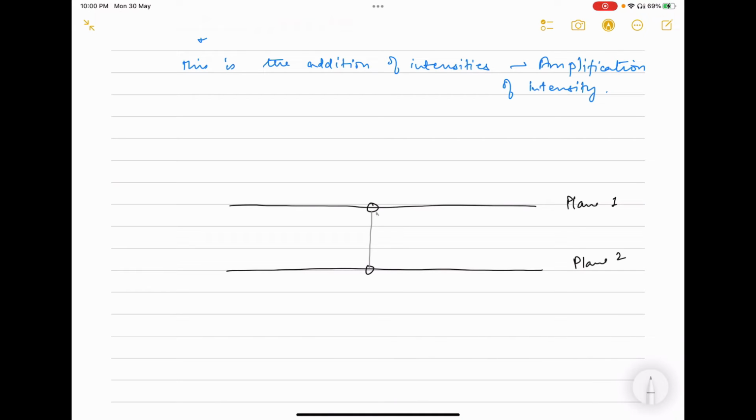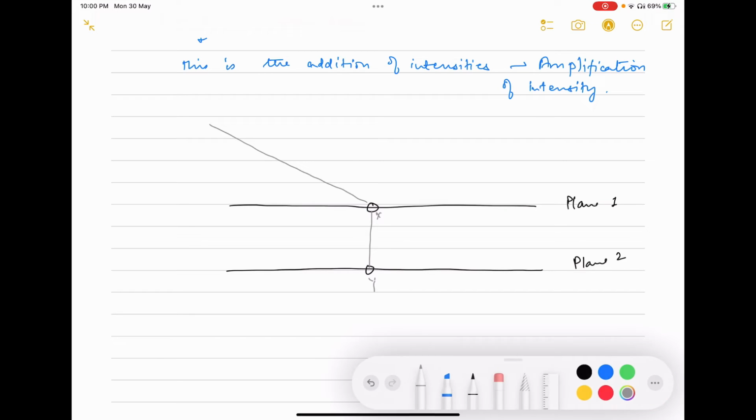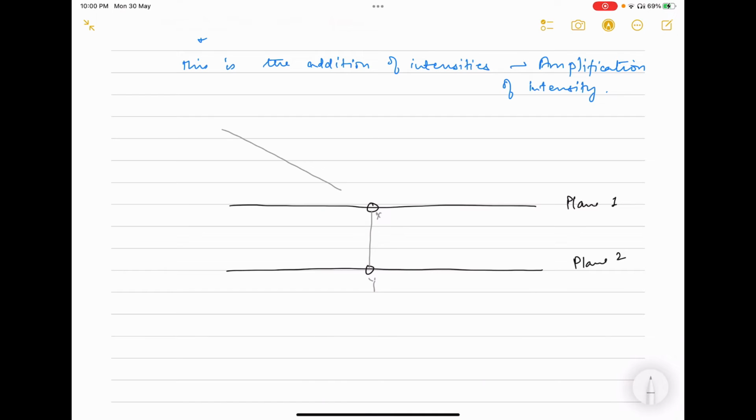This is X, this is Y. And these are the center lines of the incoming waves, and these are the transmitted waves. So this is incident and this is diffracted or scattered.